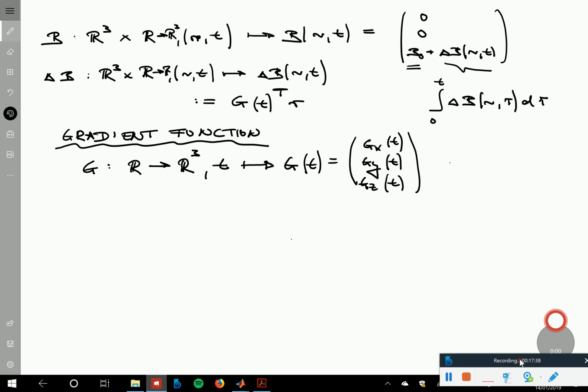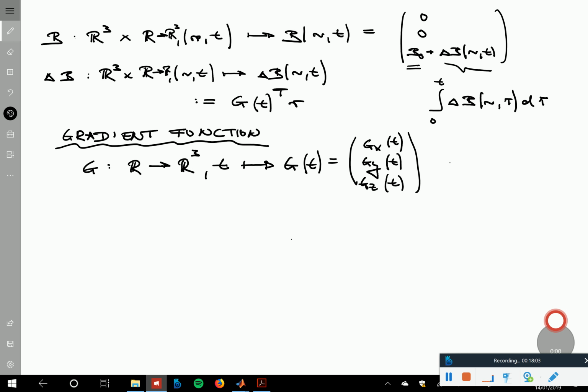There are functions, so there is something that we can call the x gradient, the y gradient, and the z gradient, and we can say we turn on the x gradient at this time, or we set it to 0. So we can say Gx of t is 1 for a certain time, and then it's 0 again.